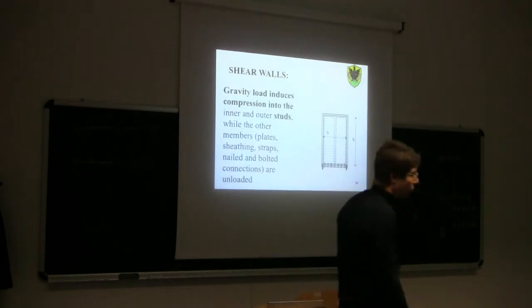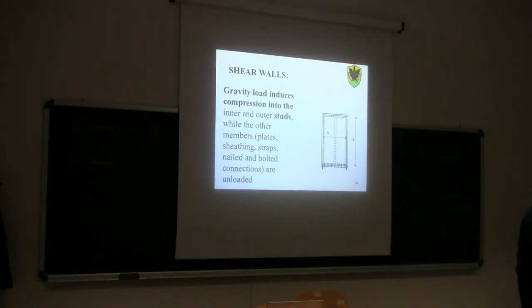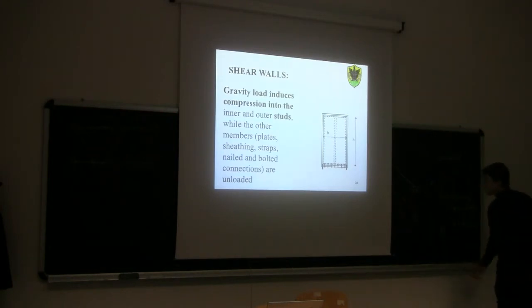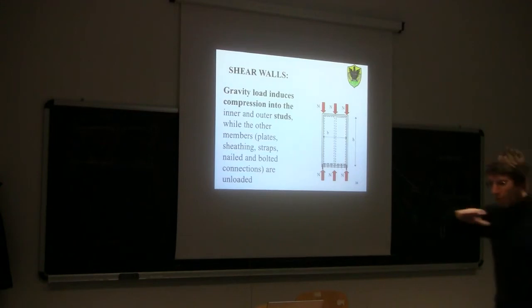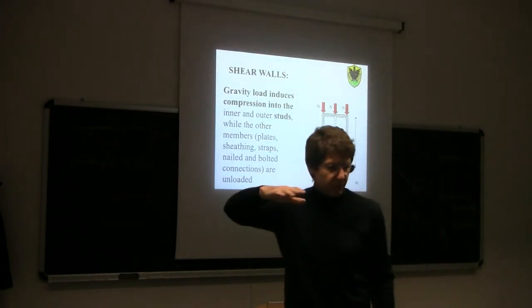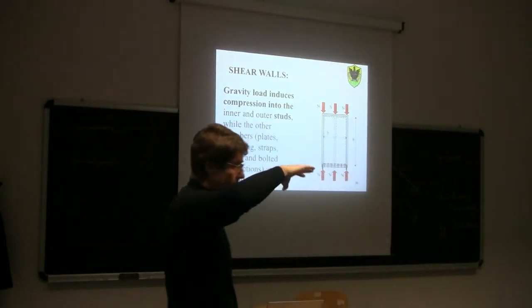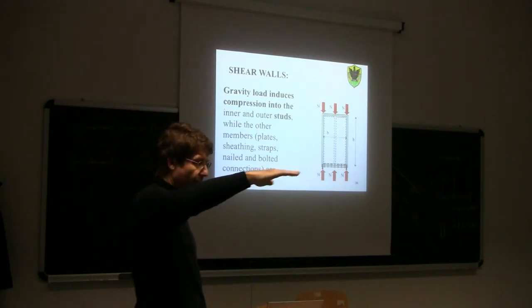So let's now calculate the contribution of gravity load and lateral load. Suppose that one frame, one wall, one shear wall, is subjected to gravity load. Gravity load comes from the floor. We said that we will have some joists with some flooring.